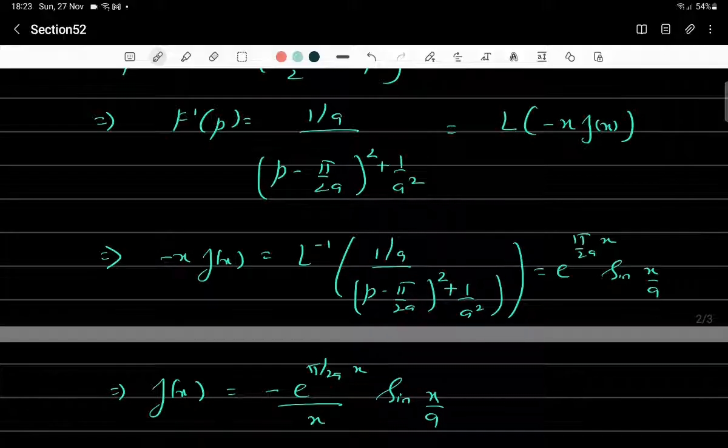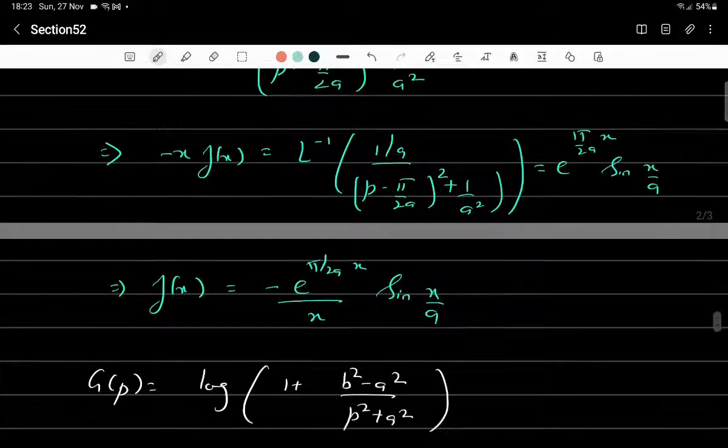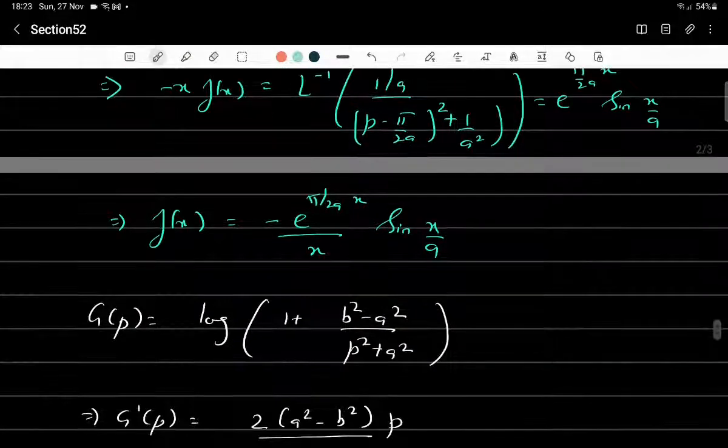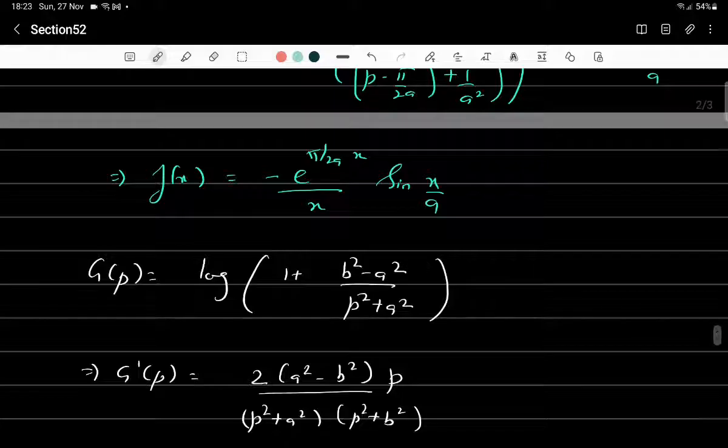Again differentiate it and see, try to do it by yourself. If you differentiate, g dash p turns out to be this. Now you need to use partial fractions to solve it further.